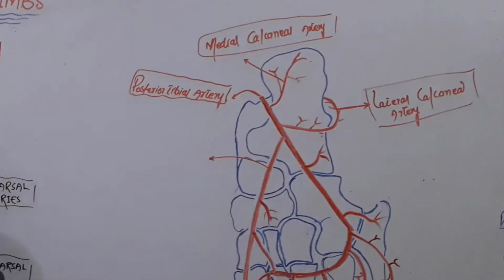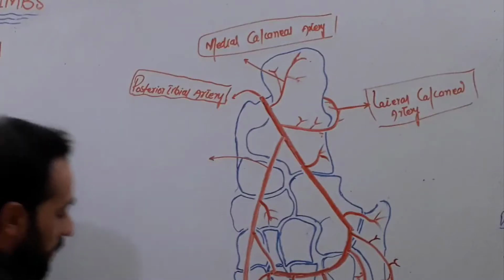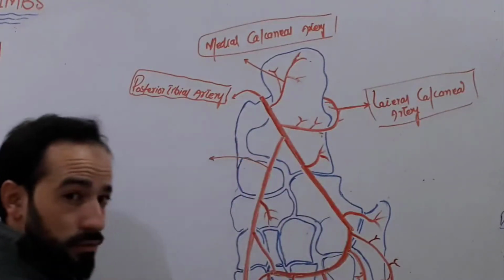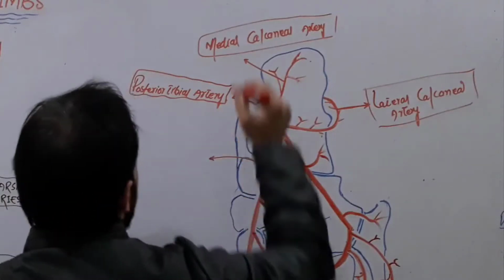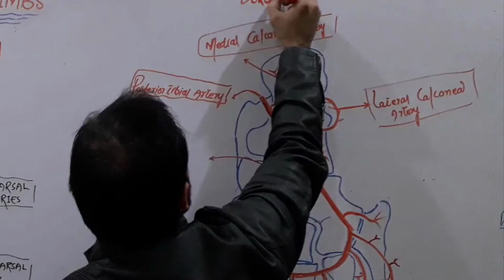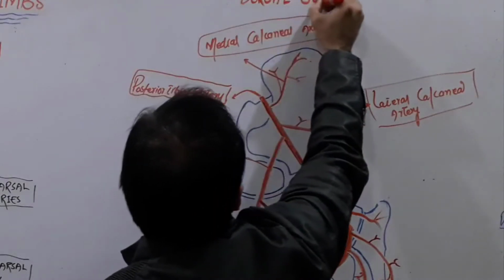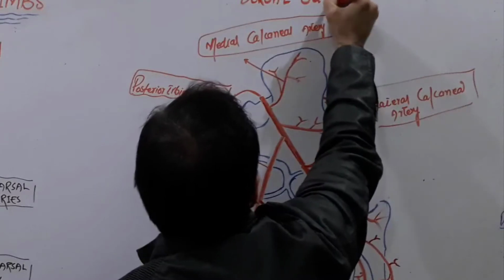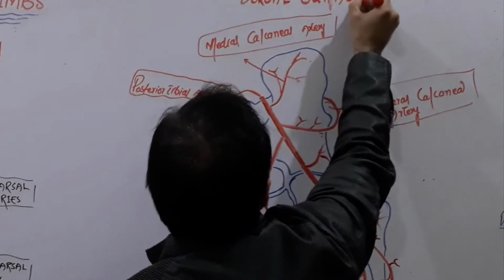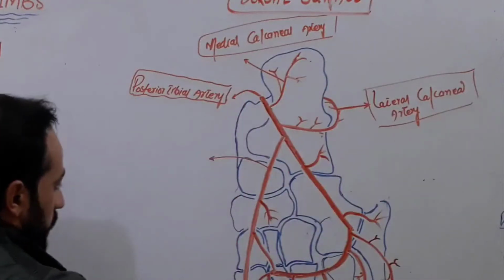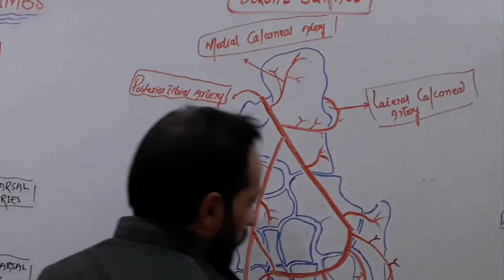Clear, friends? As you can see, this is the dorsum of the foot. First of all, we should write here: dorsal surface of foot. Then this is the medial side and that is the lateral side.